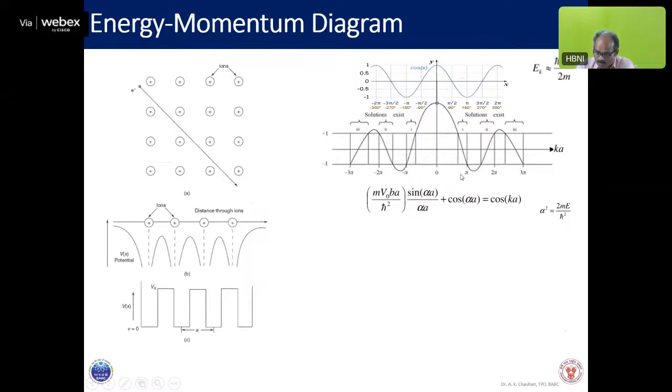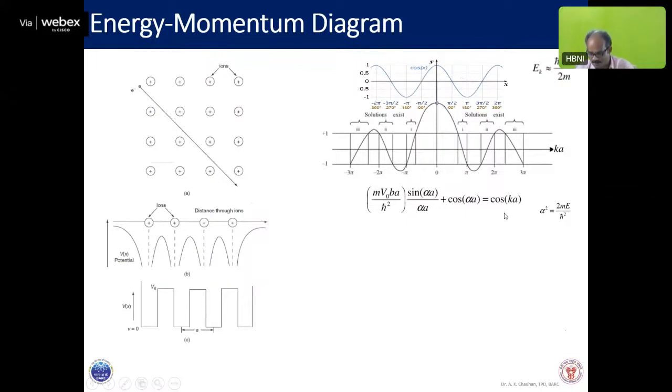However, if you try to plot, this is also an oscillatory function. This is sine, this is cos. If you add all these terms, this is the actual curve which you will be getting. This is the left hand curve, and this is the right hand curve, which has to be between +1 and -1.